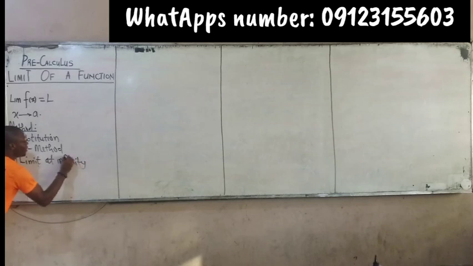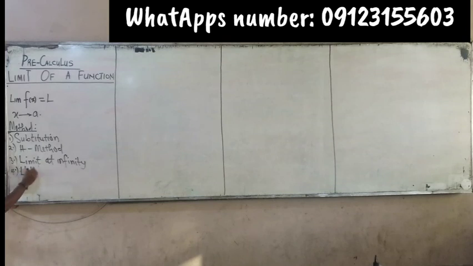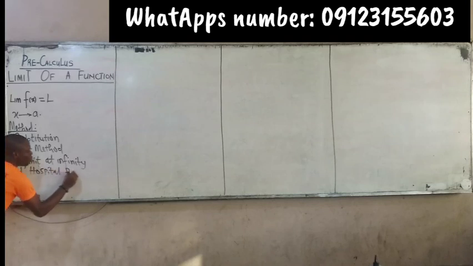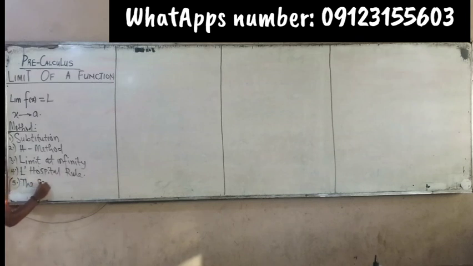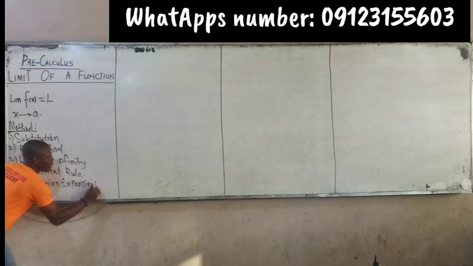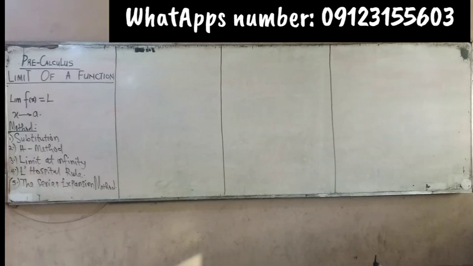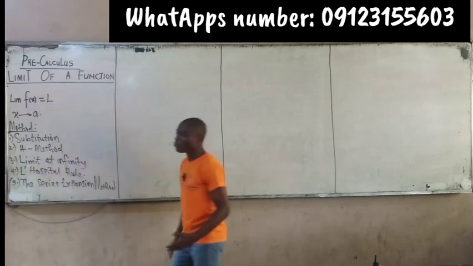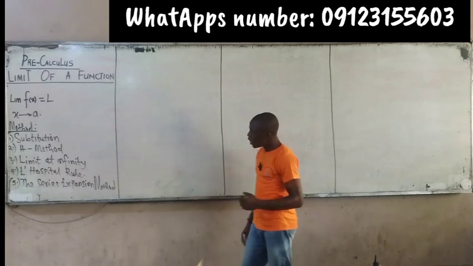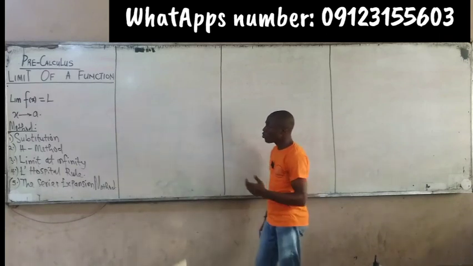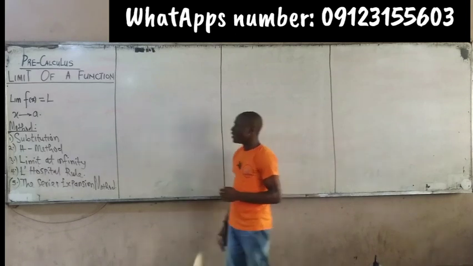Number 4, we have the L'Hospital rule method, and finally we have the series expansion method. These are the 5 methods of solving problems involving limits of a function. So let's start with number 1, the substitution method or direct substitution method.